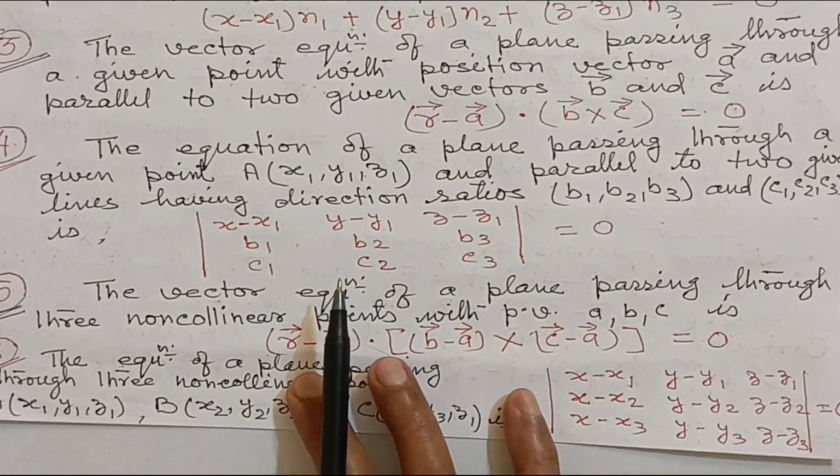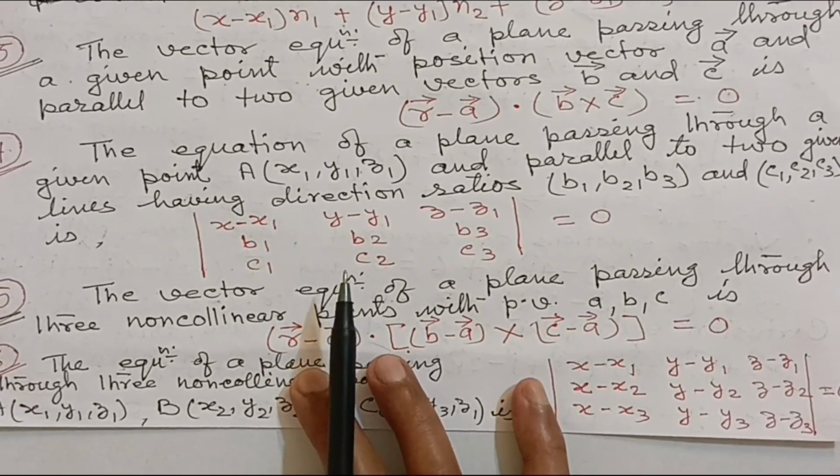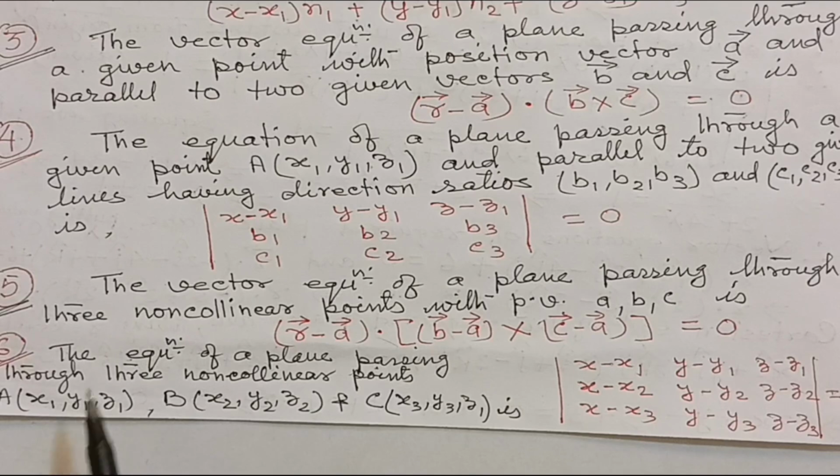Now its Cartesian equation. The equation of a plane passing through three non-collinear points A, B, and C, whose coordinates are x1, y1, z1, x2, y2, z2, and x3, y3, z3 respectively.